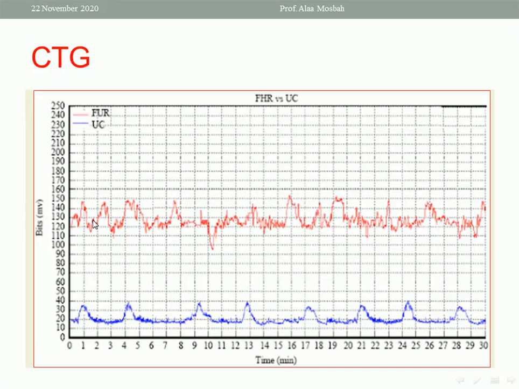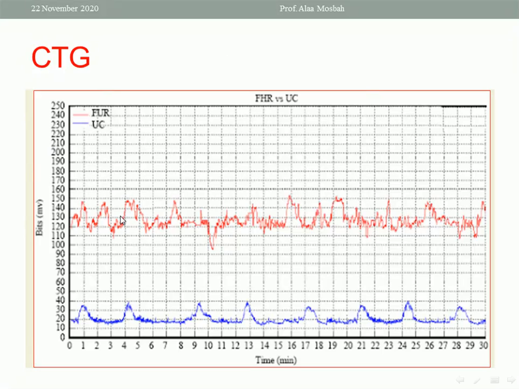Normally it is between 5 to 25 beats per minute. This is the norm. Above 25 or below 5 is abnormal. Okay? As you will see later on.